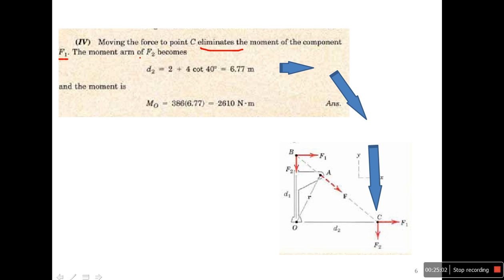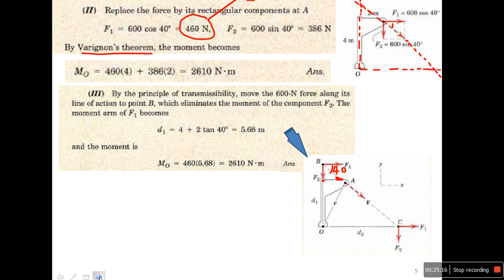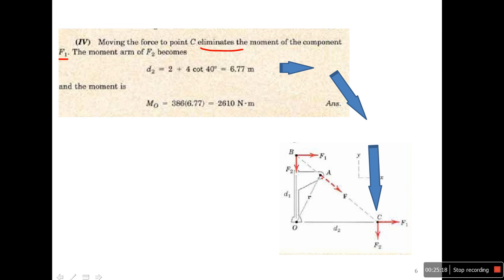The moment arm of F2 becomes 2 plus, so do not forget, we go back here, you can see this distance is equal to 2. Now you can see this distance OC is equal to 2 here, and this distance, so I have 2 and that.